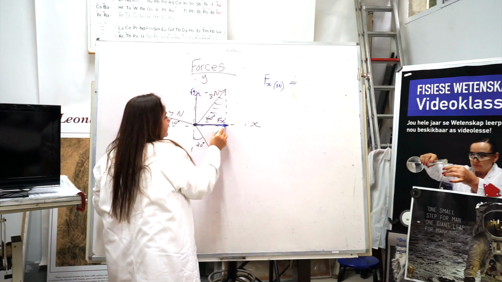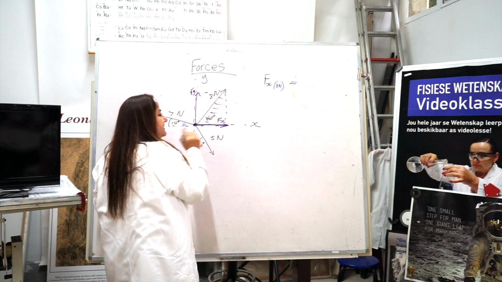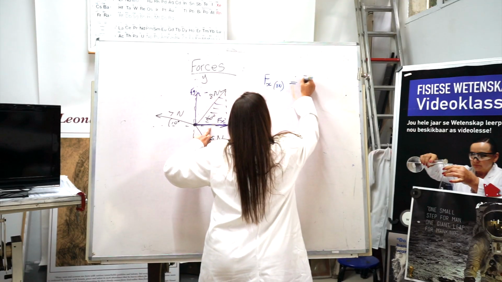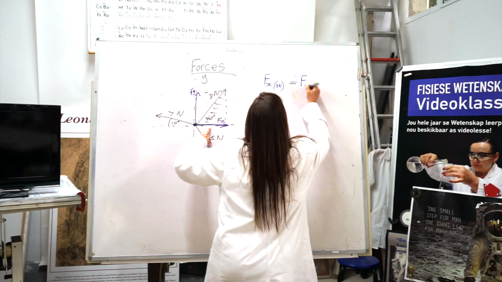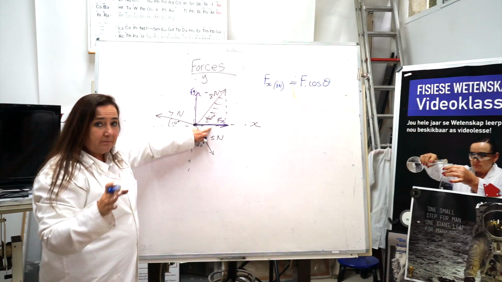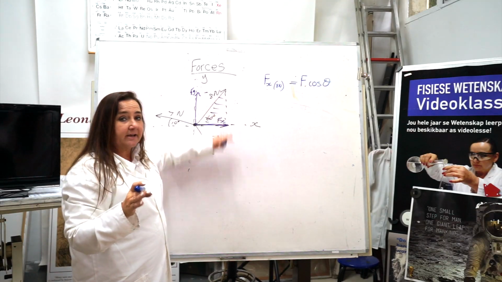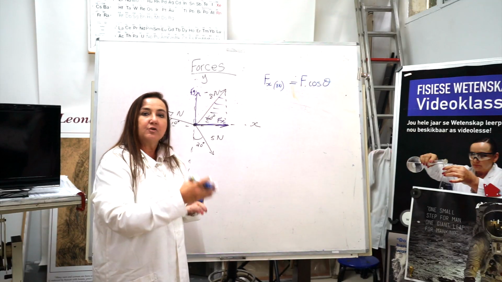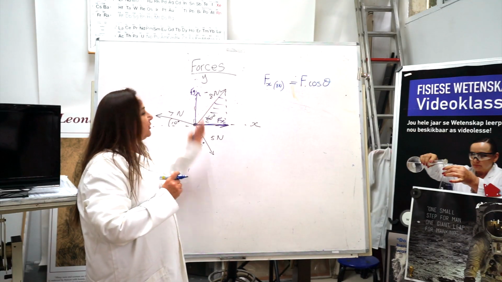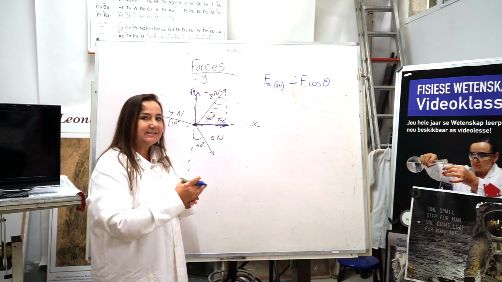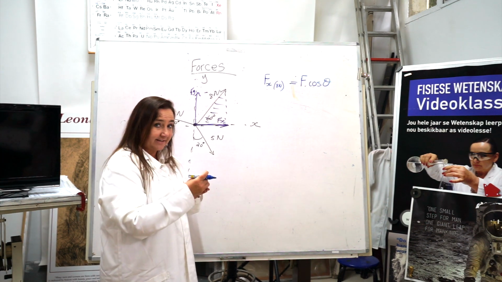When I want this one, it's adjacent to the 60-degree angle, so it will be my Fx, F cos theta. Remember what I said, if you work with this triangle, then you can always work with Fx equals F cos theta, and the y component will always be Fy equals F sin theta.